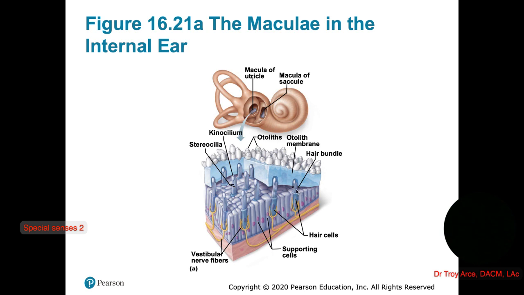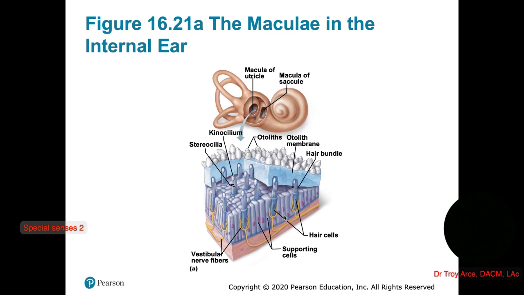Your hair bundle, and you have your otolith membrane, your otoliths. All right, and it looks like a piece of Lego, right? It fits right on top. And you have your stereocilia right in through there. And again, look at the nerves. They're actually attaching to these hair cells, which is pretty cool.